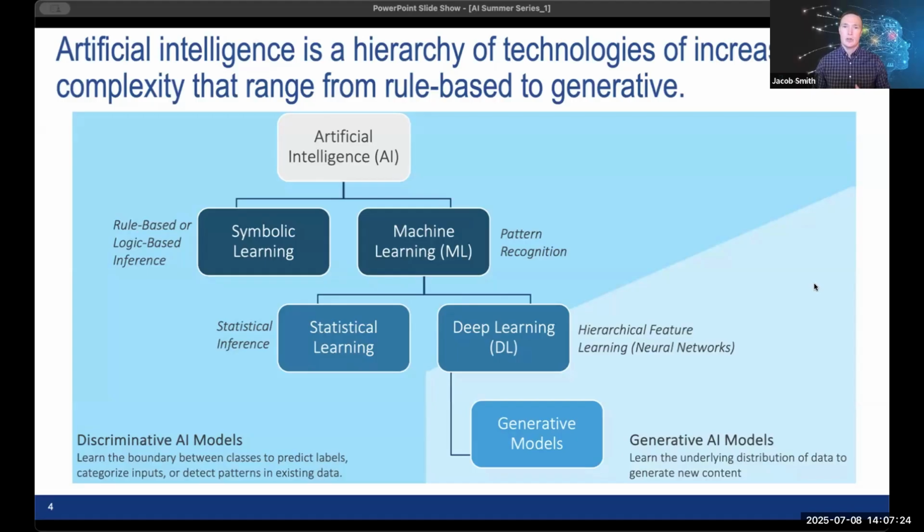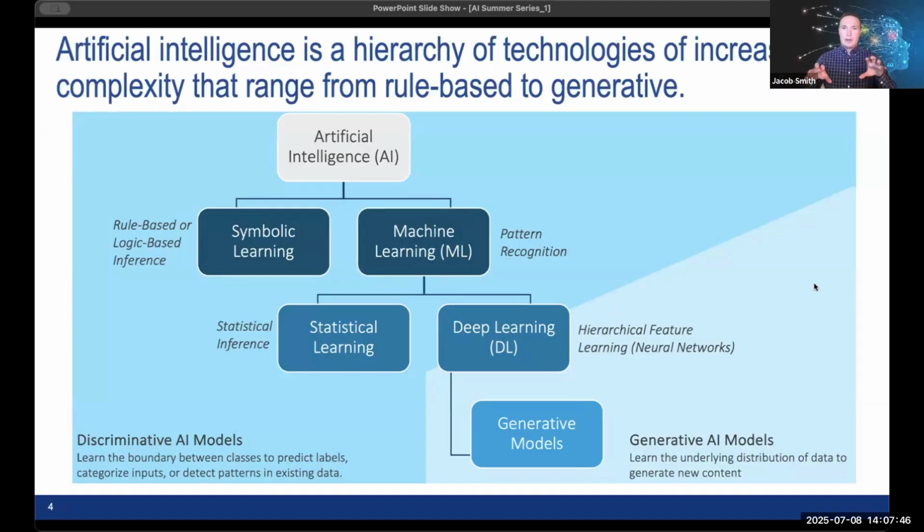And machine learning is all about pattern recognition. So just like humans, as we intake information and we start to associate certain things with others, that's really the whole purpose of machine learning as a field. So within machine learning, there are a few different subsets that are really important to the discussion that we're going to highlight today.